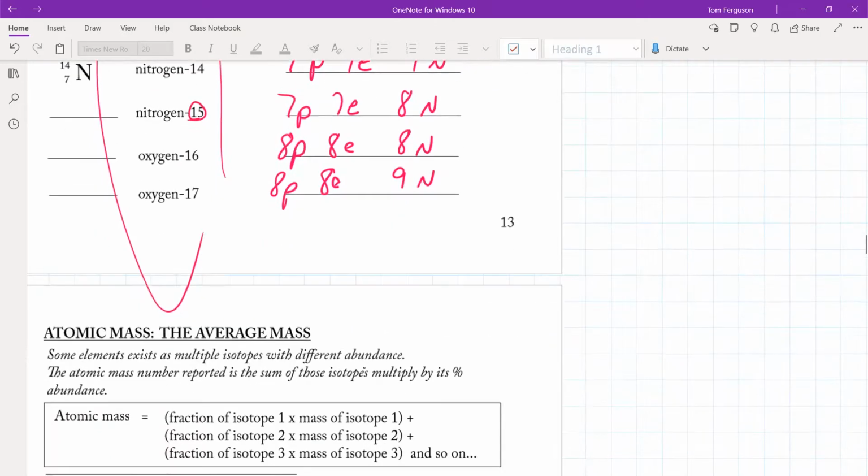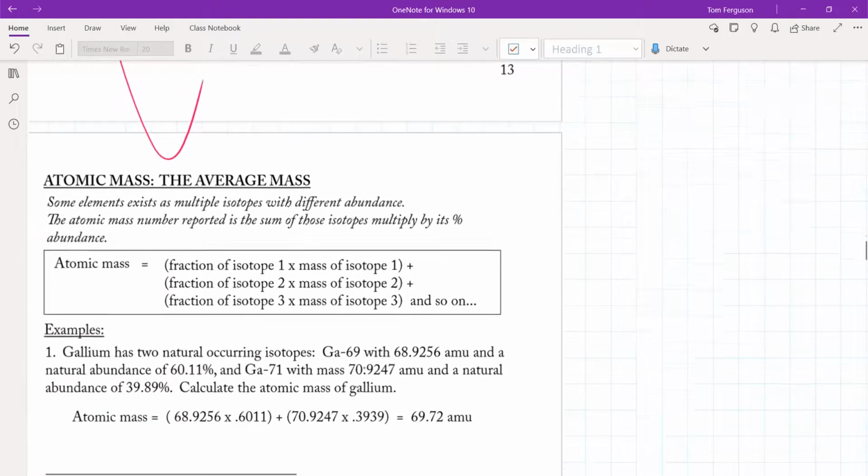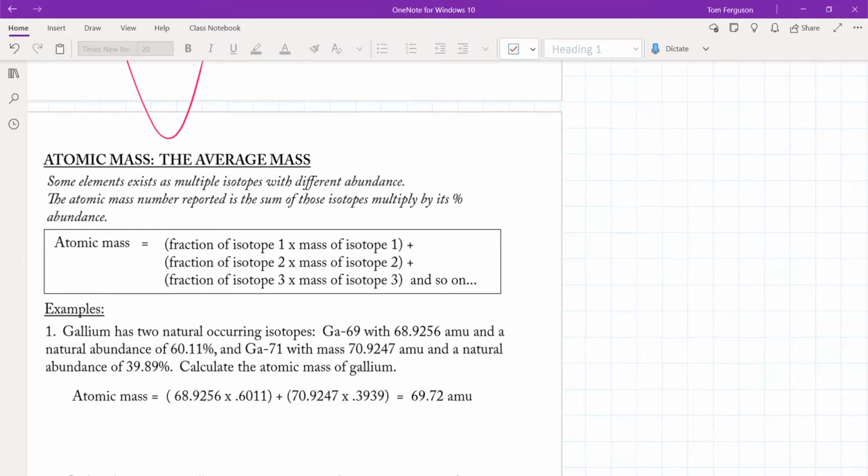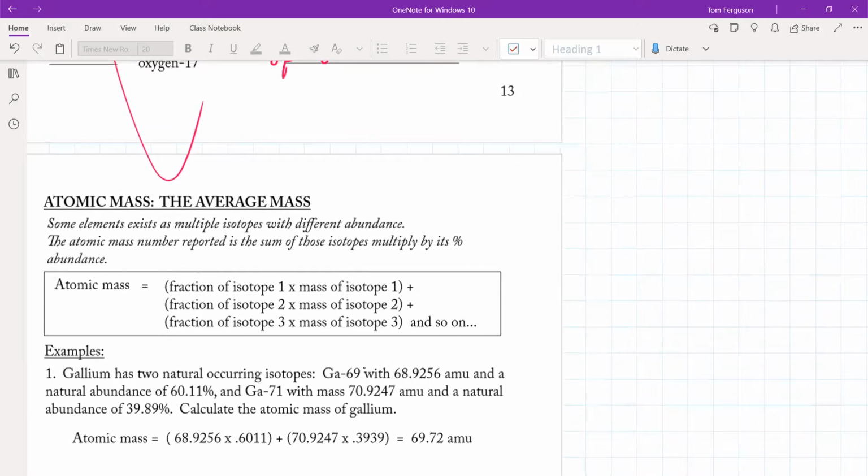Okay, so atomic mass. We have the atomic mass of the isotope, and we have the atomic mass average of all the isotopes. I want to distinguish that, because the atomic mass for an isotope is going to be an integer.